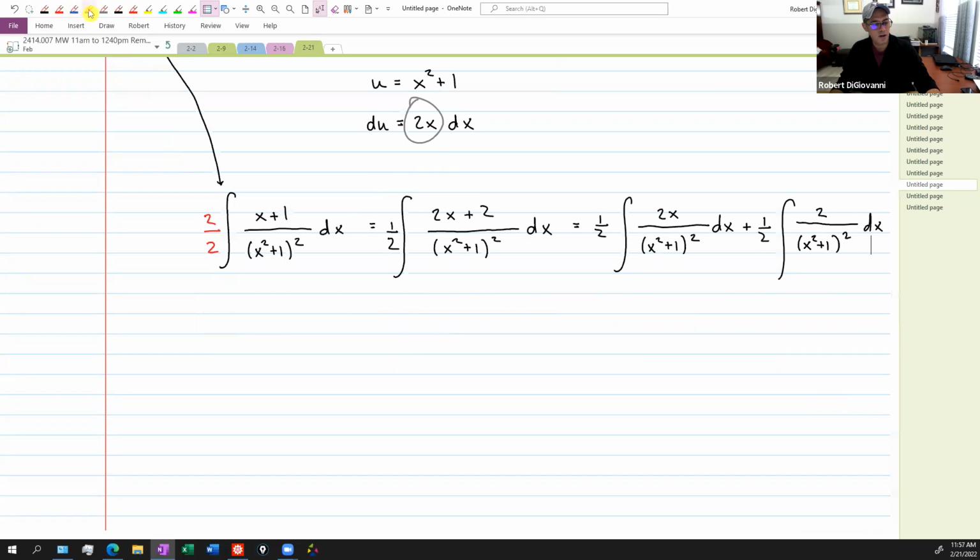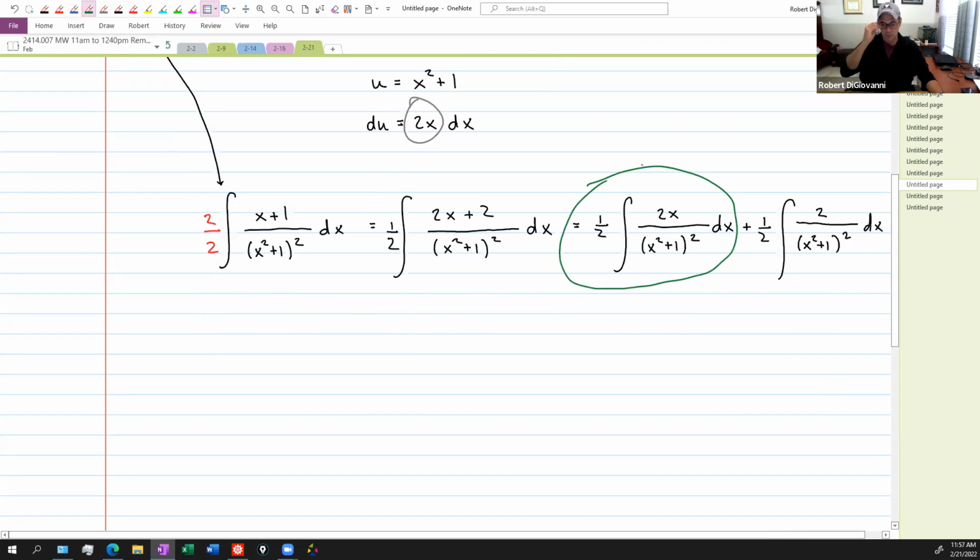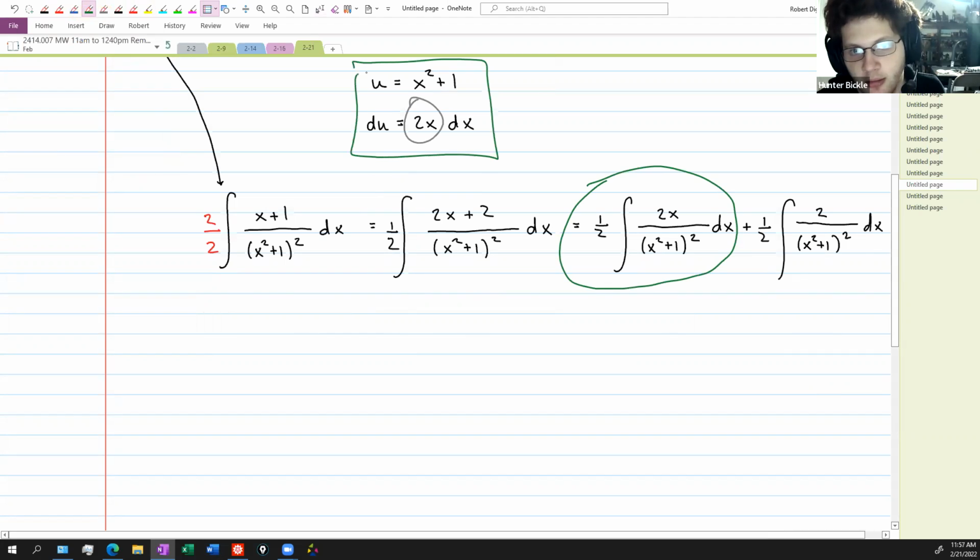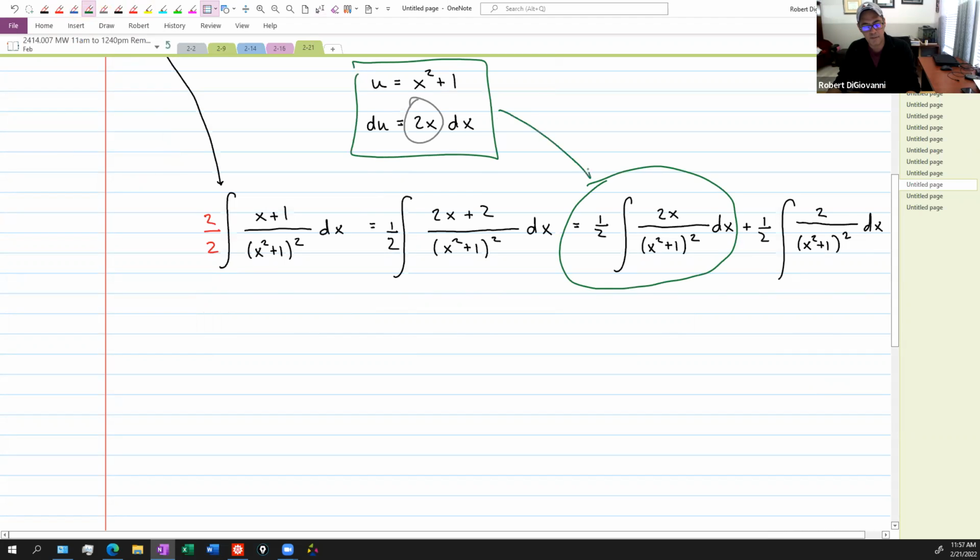Any ideas on how to handle the first one? We just use our u sub and it becomes 1/u squared. Yeah, just using that u sub for this one. du is on top, right? 2x dx is exactly the top. That's du. x squared plus 1 is u.